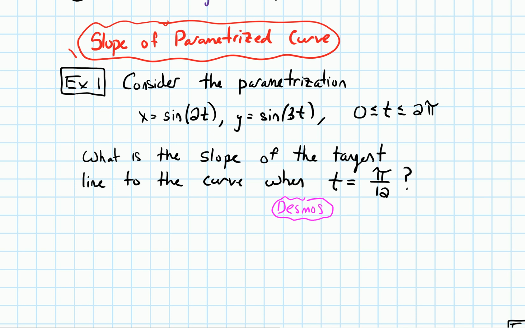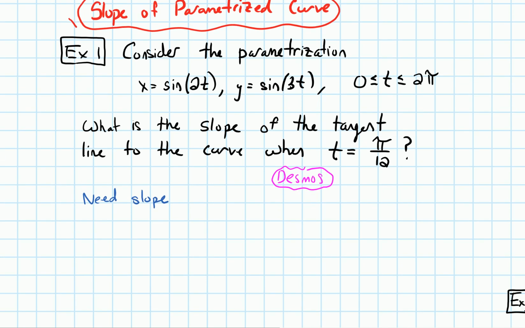Alright, so to find the slope of the tangent line, we need a way to get the slope. I'm going to talk about two ideas. Idea one is similar to what we did in the last section when we had parametric equations.